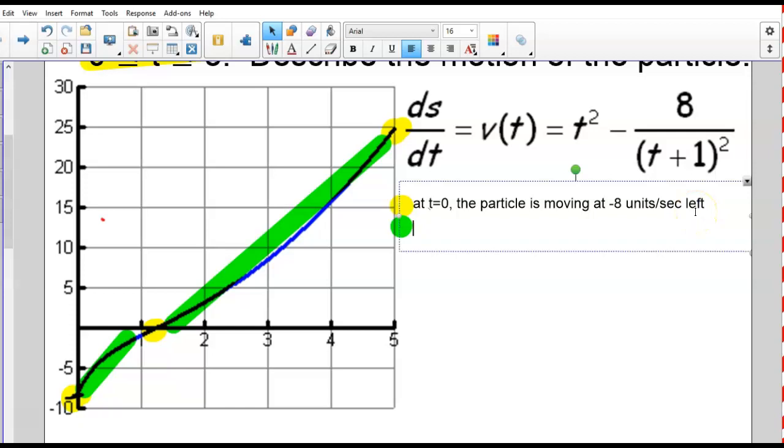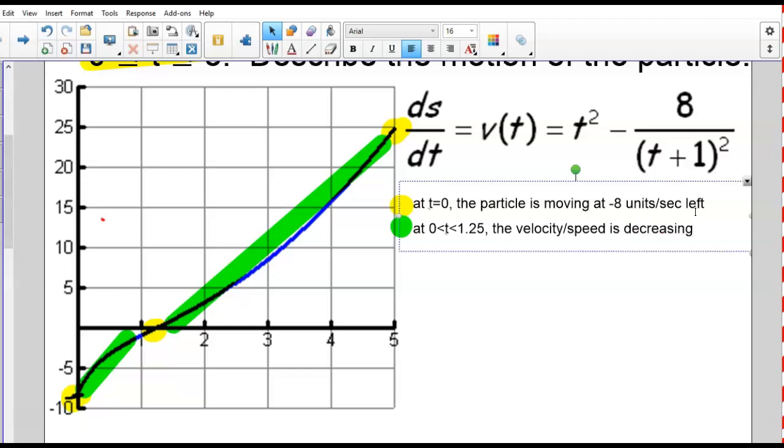For this, I'm going to define this line. I'm going to say at 0 less than t less than 1.25, excuse me. The velocity/speed is decreasing.